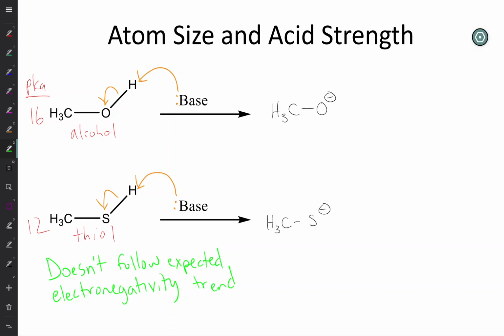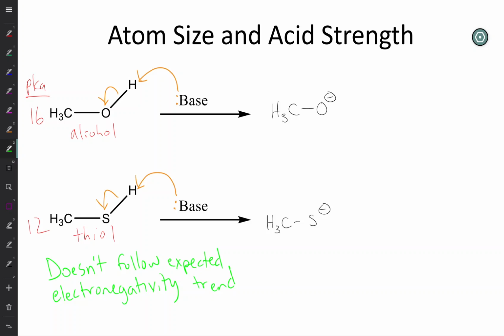So if we're comparing between two rows, what's different about sulfur compared to oxygen? What's different when you go down a row in the periodic table? There's another energy level that's filled, right? So sulfur's valence level is level 3, oxygen's is level 2.